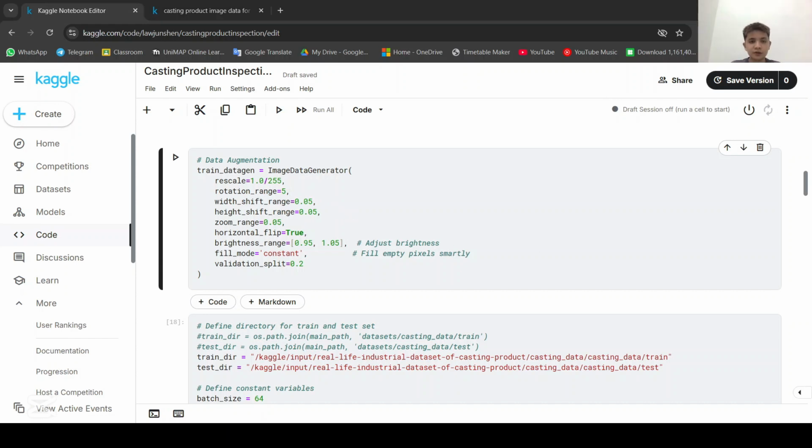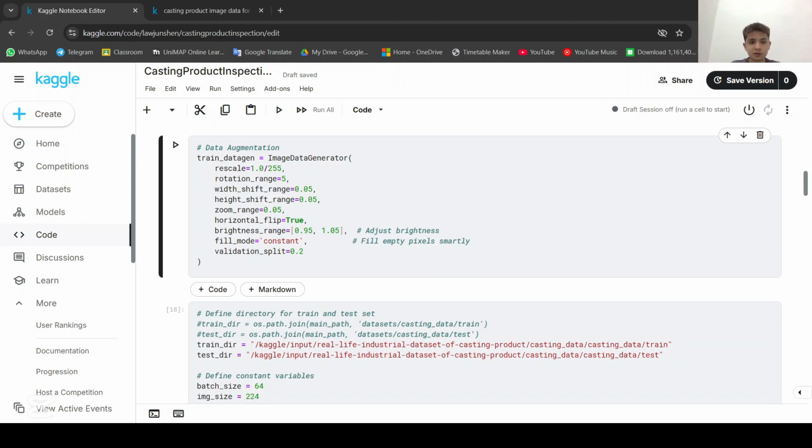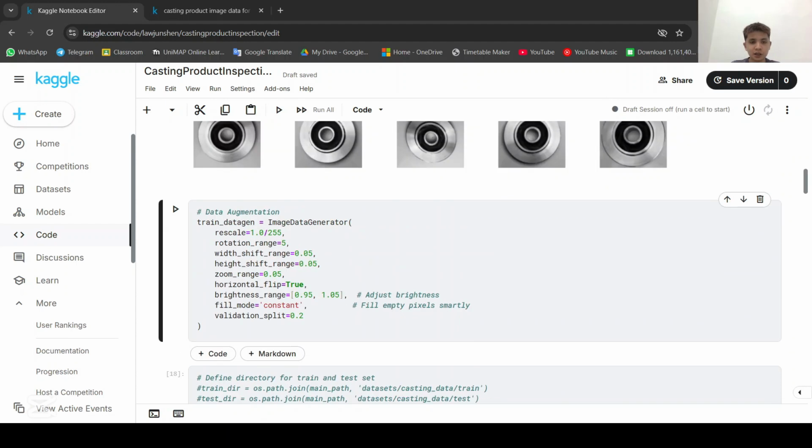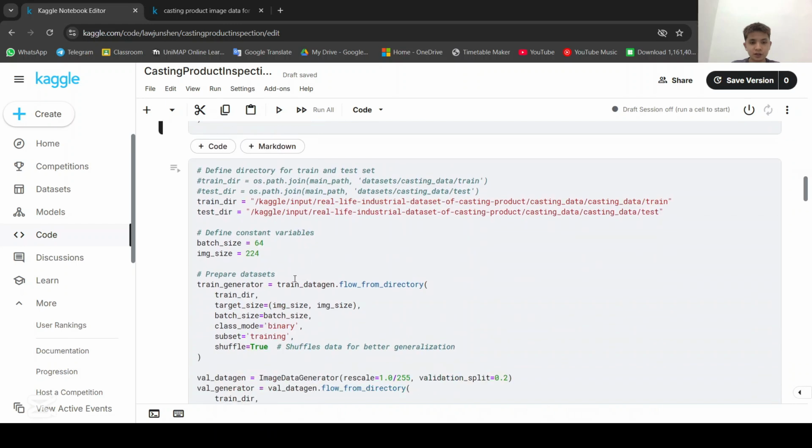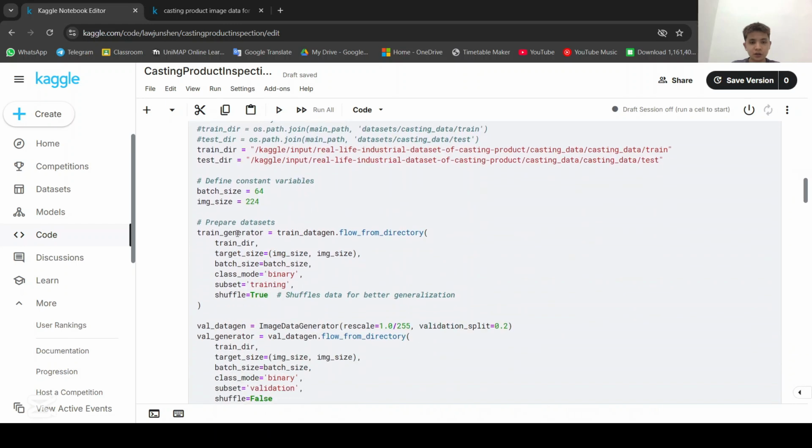We then set up the image data generator. We supply this train data generator to the variable. We also set the batch size as 64 to speed up the training process, since training in Kaggle gives us large memory.